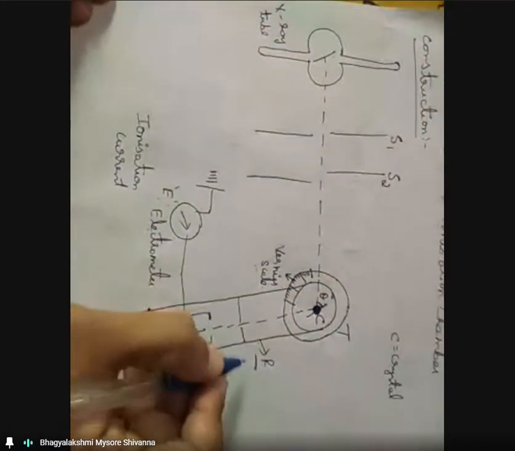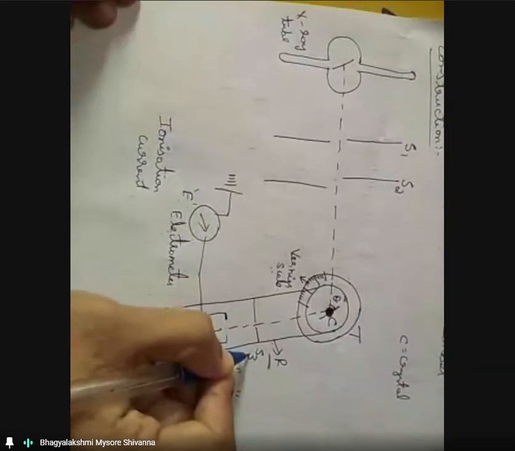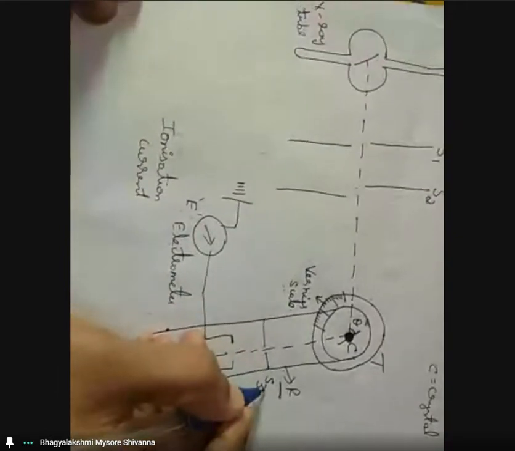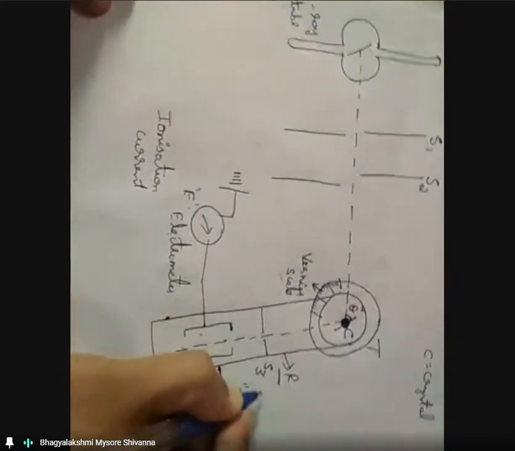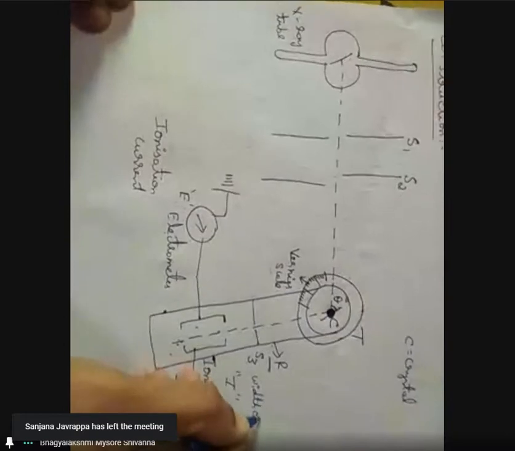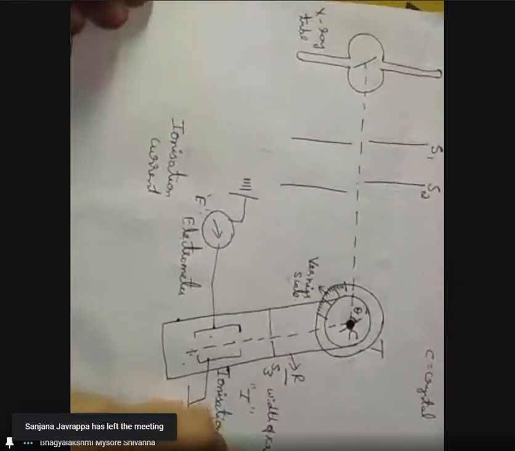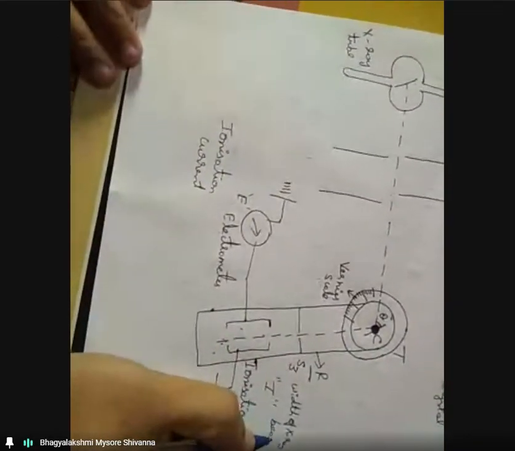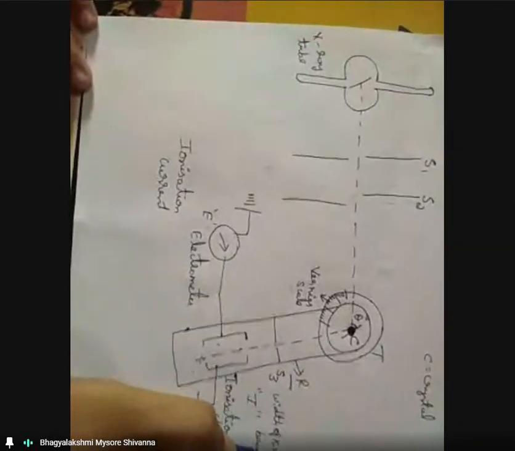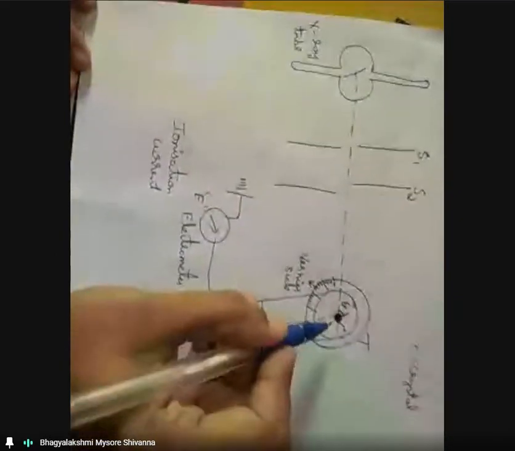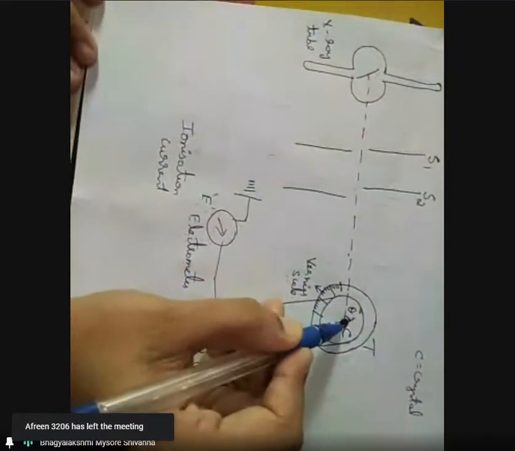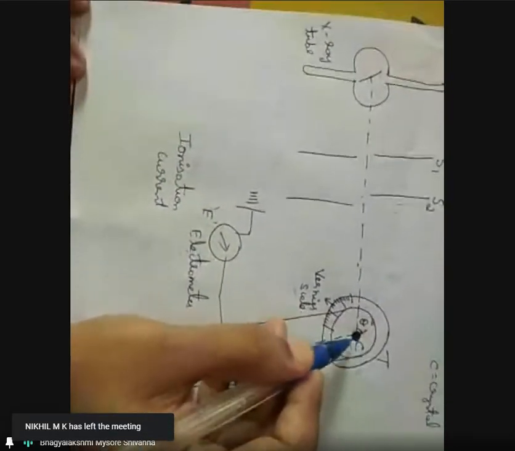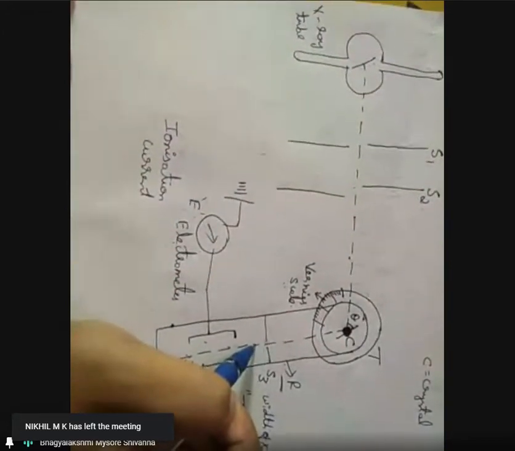The slit S3 limits the width of the X-ray beam. When the X-rays fall on the crystal, they are diffracted by the crystal, and the intensity of the diffracted beam can be measured.